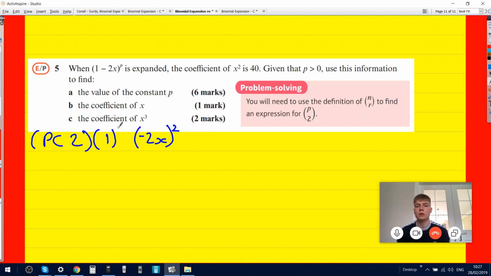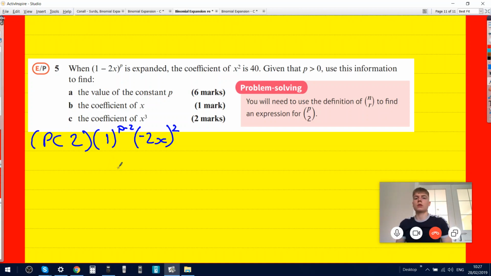That would make p plus 4. Right, it needs to make p. No, I'm not sure. p minus 2. p minus 2, yeah. So p minus 2 plus 2 will make just p.